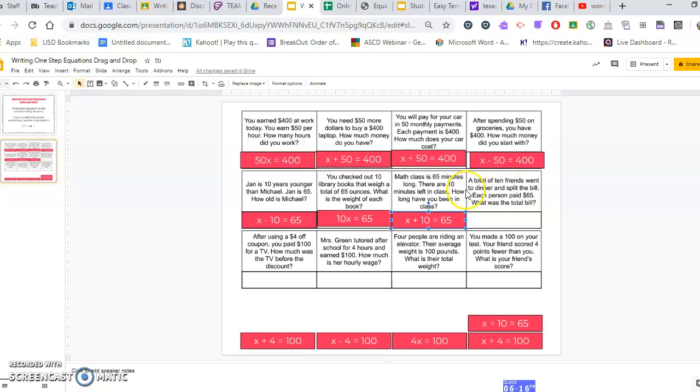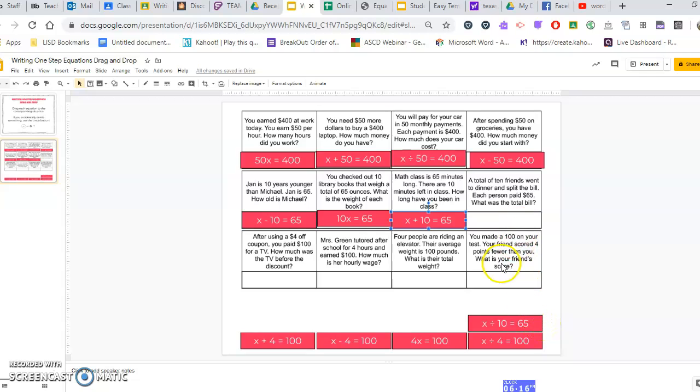A total of 10 friends went to dinner and split the bill. Each person paid $65. What was the total bill? Each person paid $65, 10 friends. So that'd be 10 times 65, right? But look, it's not here.